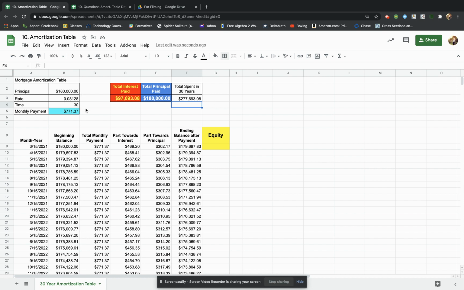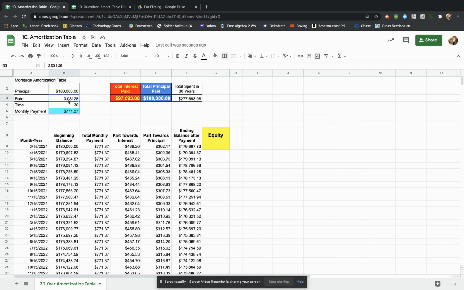Now just watch my spreadsheet, do not change anything. If you can't lock in at that rate, let's say you lock in at an interest rate of 4.5%, because either interest rates have gone up, your credit might not be that great, or you might be a first-time home buyer and they're taking a chance on you. More than likely you're not going to get the lowest interest rate.